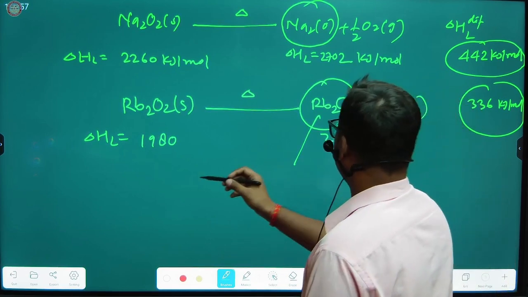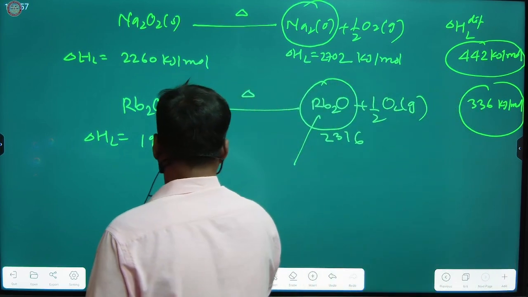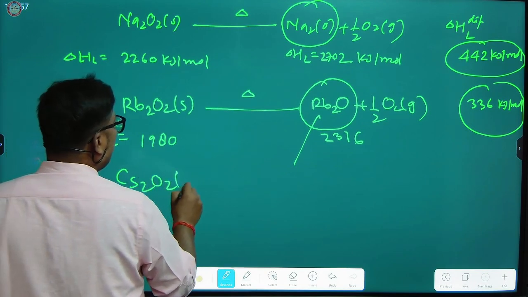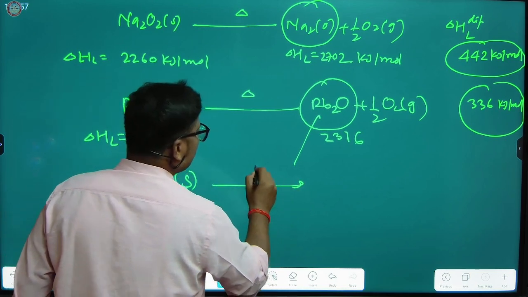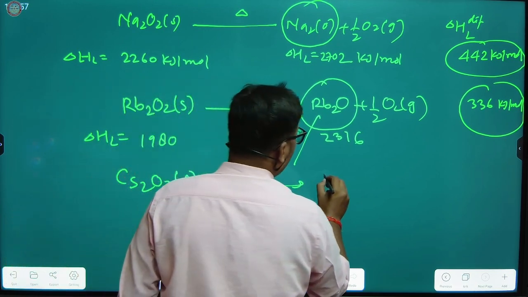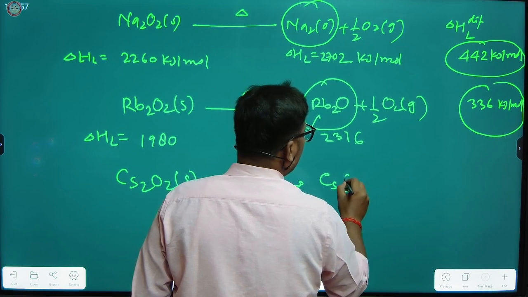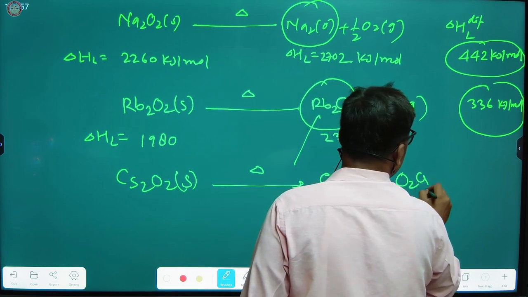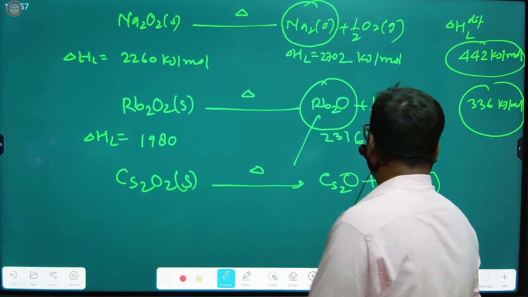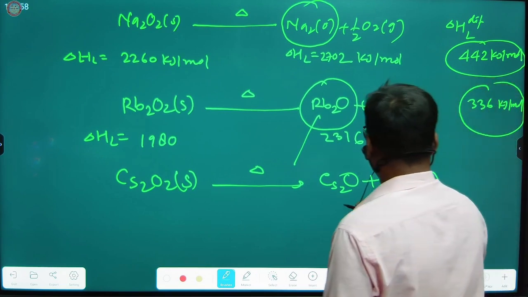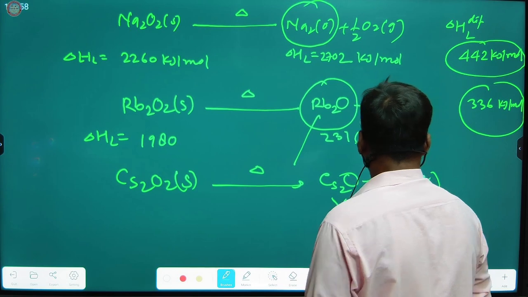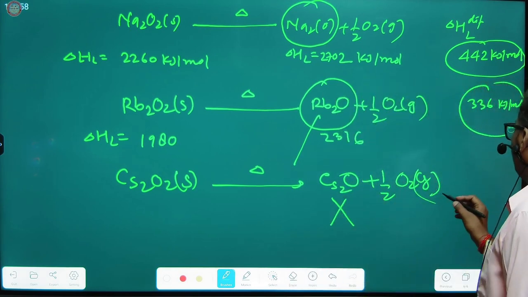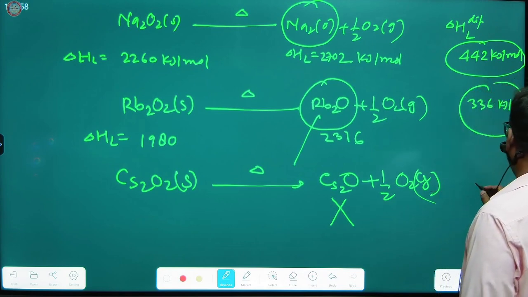Similarly in cesium peroxide in solid state, once it is heated, it can form Cs2O plus half oxygen gas, which will be released, right? So there is little chance to form this cesium monoxide, because here the lattice enthalpy will again be very low.